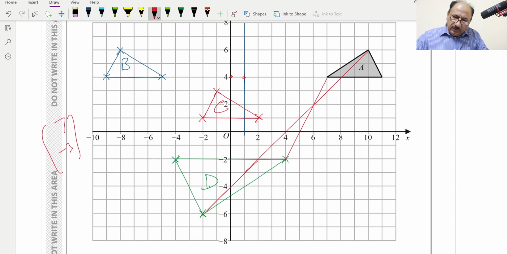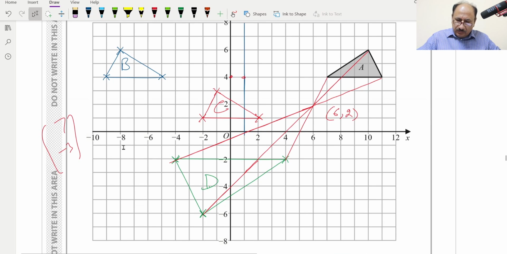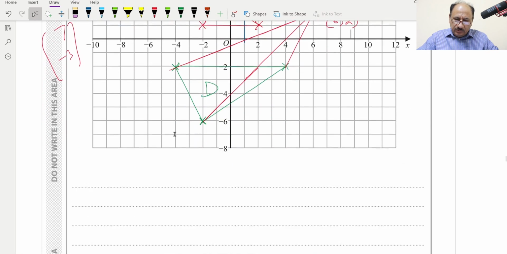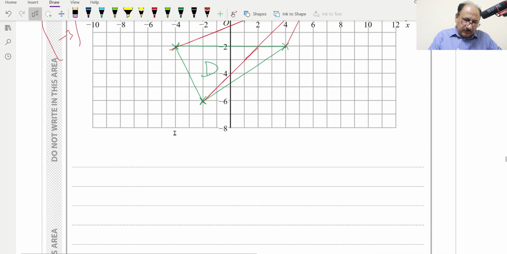And the third line also we can draw, and all these lines are passing basically through this point, and coordinates of this point will be our center. So coordinates of this one we can write 6 and 2. These are the coordinates, and this is for D part, we can write the answer over here.